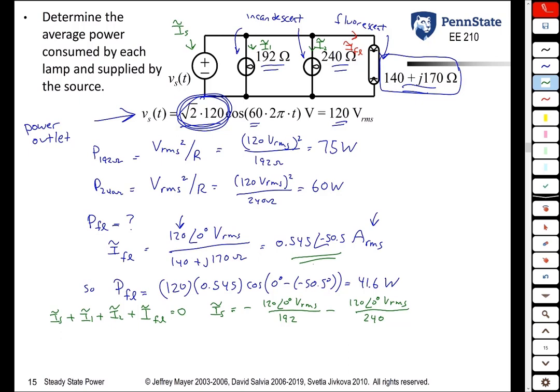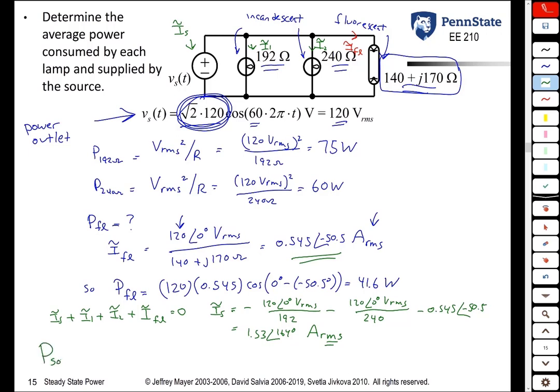So when you subtract that, you get minus 0.545 at an angle of minus 50.5. You work out all that math, you get 1.53 at an angle of 164 degrees amps RMS. Once again, we know it's RMS because all of our voltages were RMS.